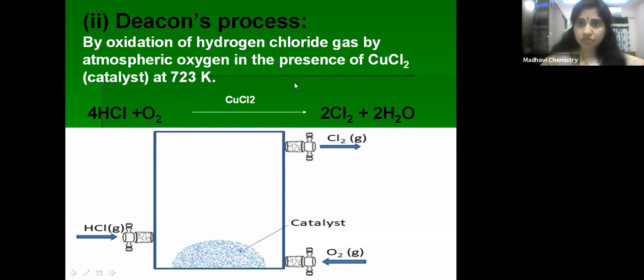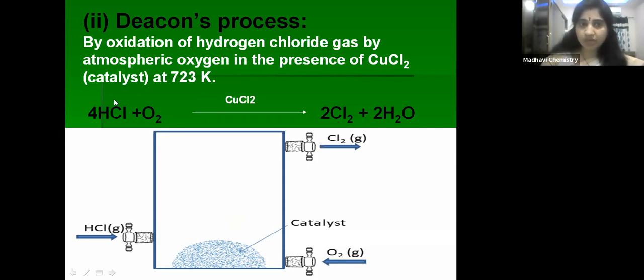At this temperature and in the presence of the copper chloride catalyst, hydrogen chloride gas undergoes oxidation and gives chlorine gas. This chlorine gas can be obtained from this outlet. So hydrogen chloride gas undergoes oxidation and forms chlorine. So is it an oxidation?